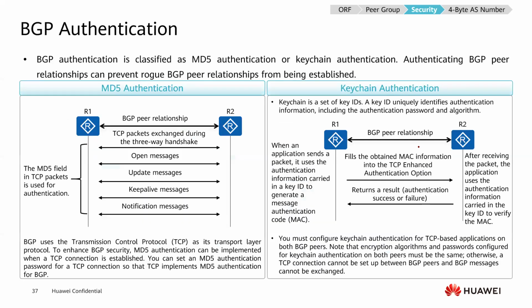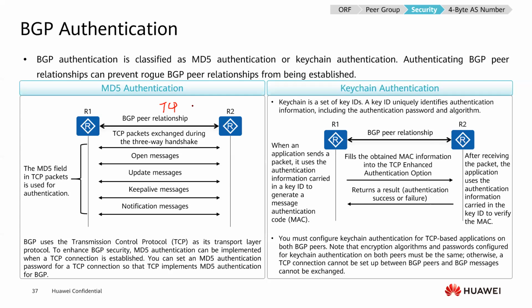And the first is about the BGP authentication. The BGP uses TCP as its transport layer protocol and considers a TCP package valid only if the source IP address, the destination IP address, the source port, the destination port, and TCP sequence number in the package are correct.